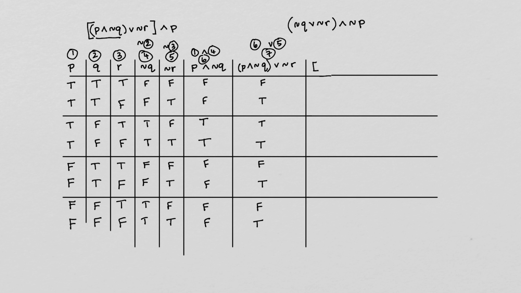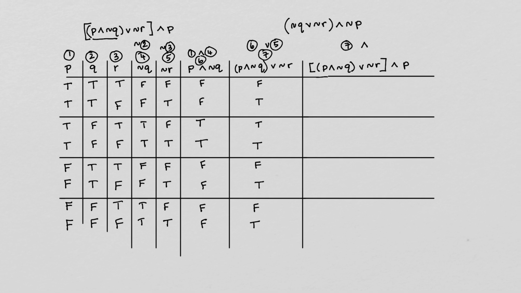So that's going to be P and not Q, or not R, and P. So that was the column we just did, column 7, and column 1. So I'm looking at the first and the last columns, and this is and.